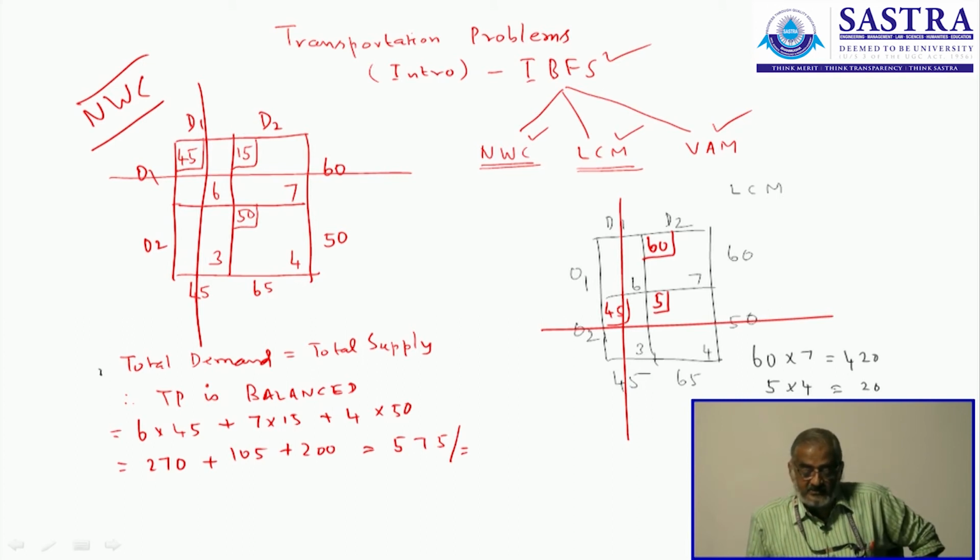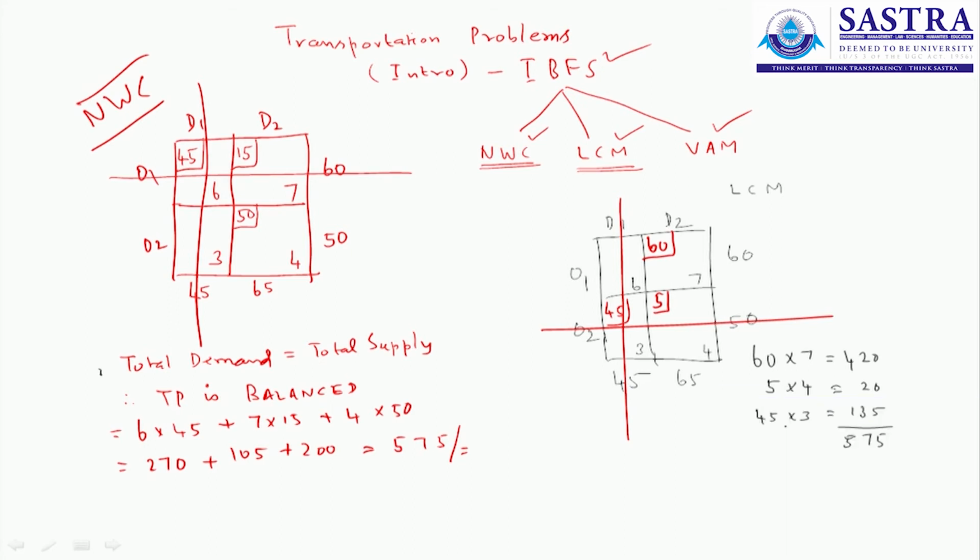Generally the least cost method will provide a better solution than the northwest corner rule, because we go by least cost of transportation. Here fortunately or unfortunately they are equal, but in general the least cost method will provide you, up to some extent, the least cost.